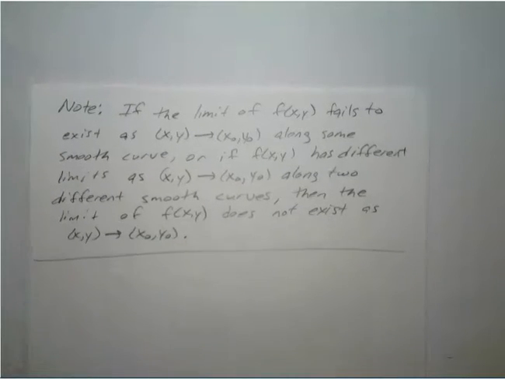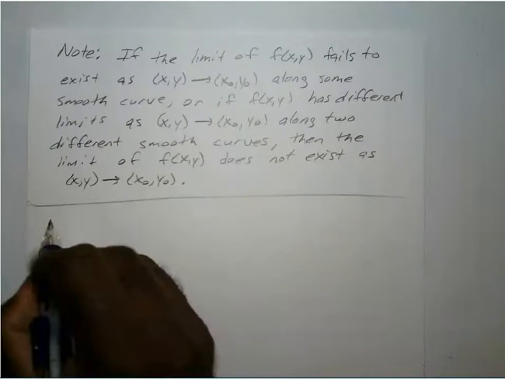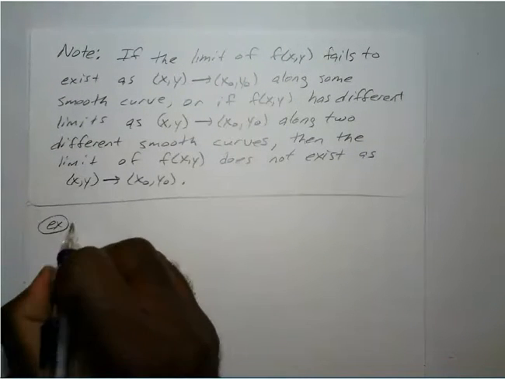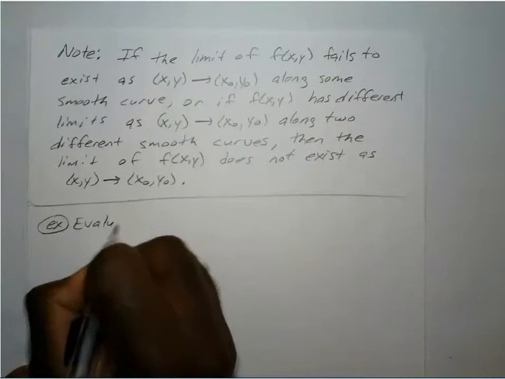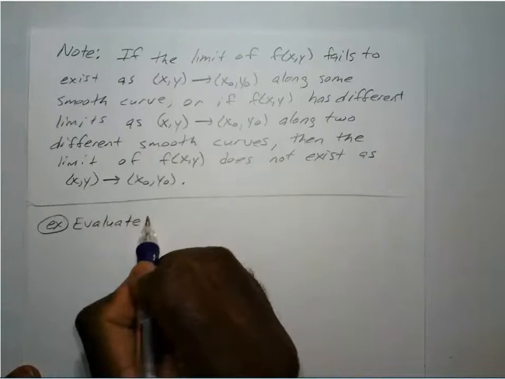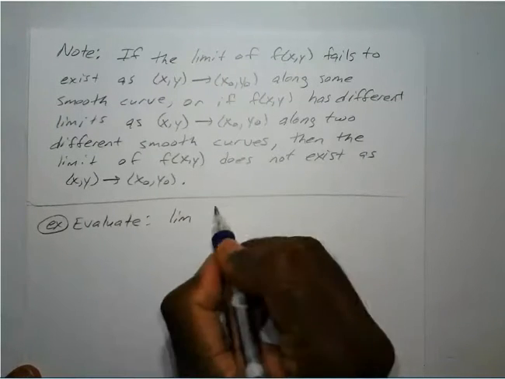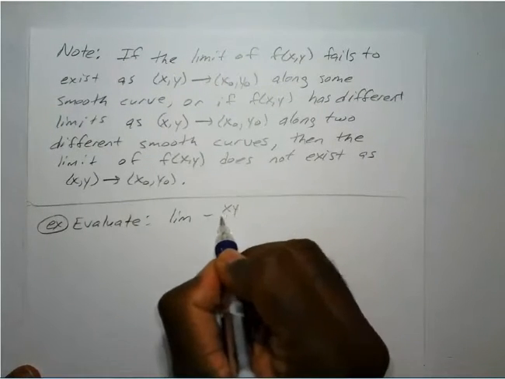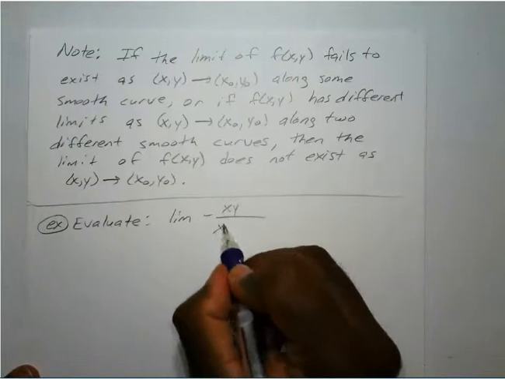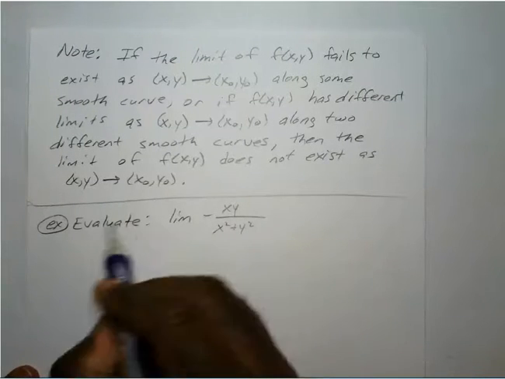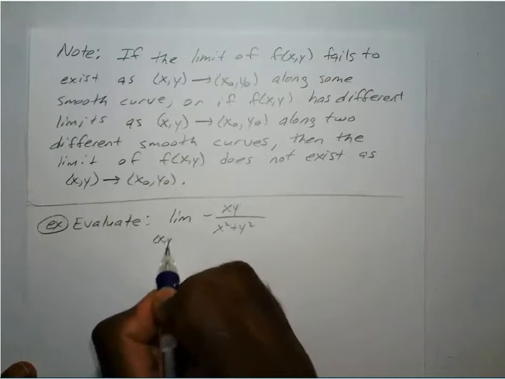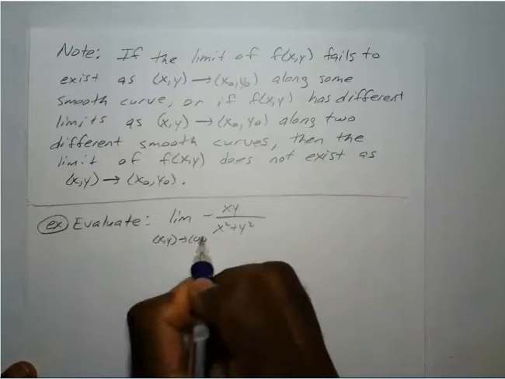But let's say we wanted to evaluate the limit of negative xy over x squared plus y squared as x, y approaches 0, 0.